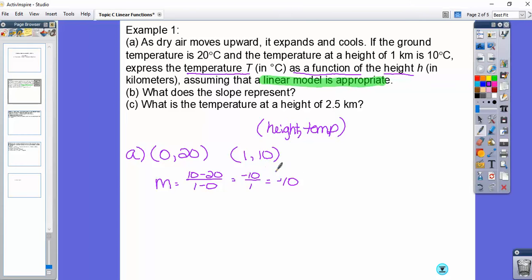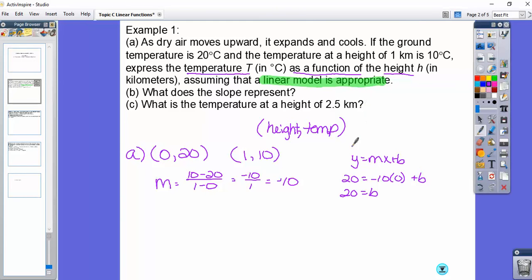The y-intercept I've actually kind of given to you, but if you didn't catch that, if you plug into y equals mx plus b, you can put either ordered pair in. So if I did the first one, my y is 20, slope is negative 10, x is 0, plus b, so the y-intercept is 20, which you could tell because the y-intercept is the value of y when x equals 0.